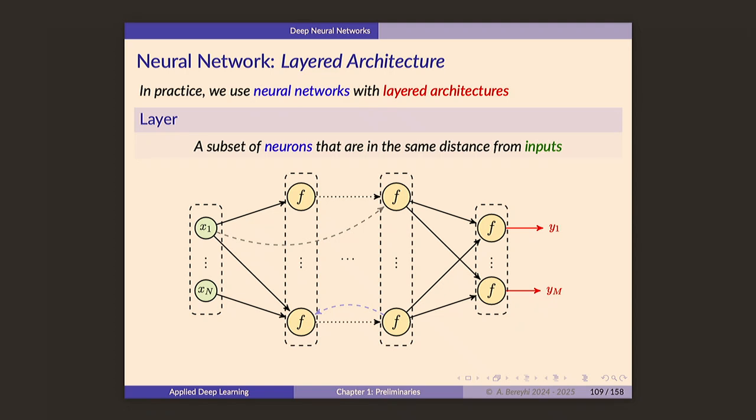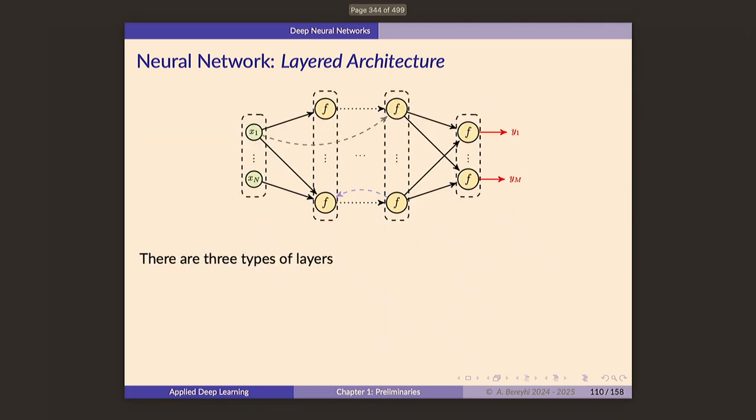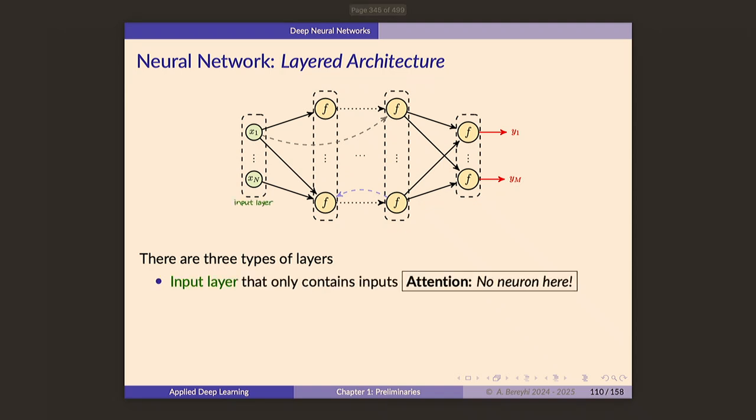Okay? Now, if you have a layered neural network, we usually give a name for each layer. We have something called the input layer. So this is basically the layer which includes all the inputs to your neural network. One thing that is very important here is that you do not have a neuron there.